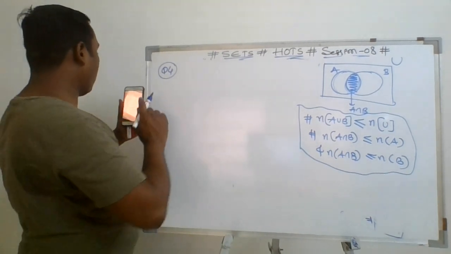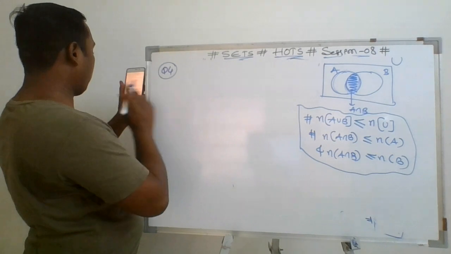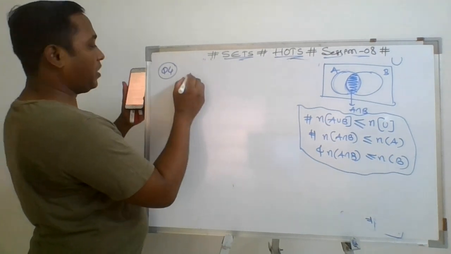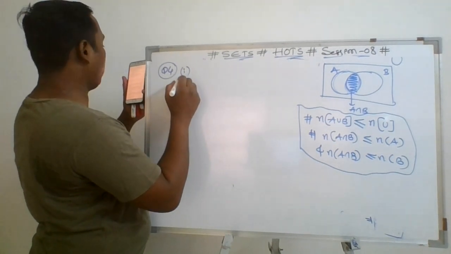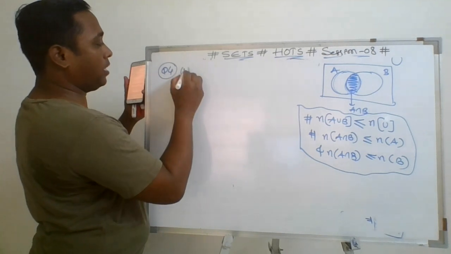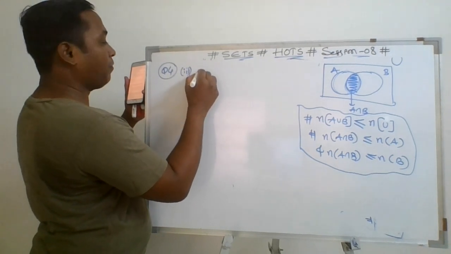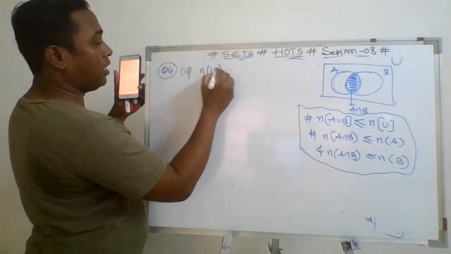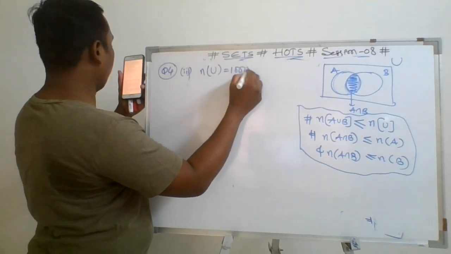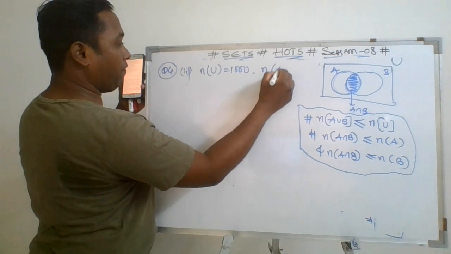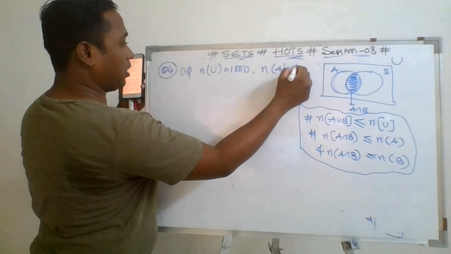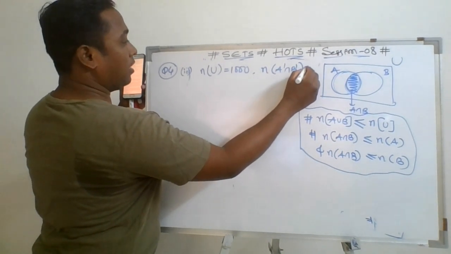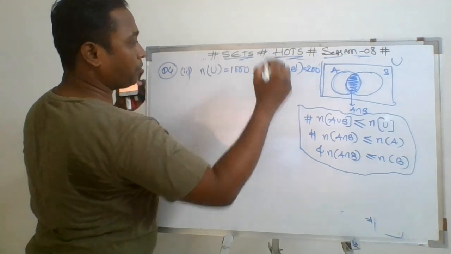So for that I am taking question number 4. Information is given, you just need to check. I am taking directly the third part, where the number of U is given as 1000 and the number of A dash intersection B dash is 200.